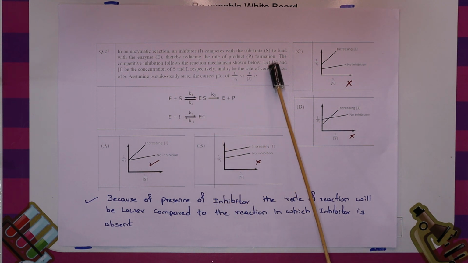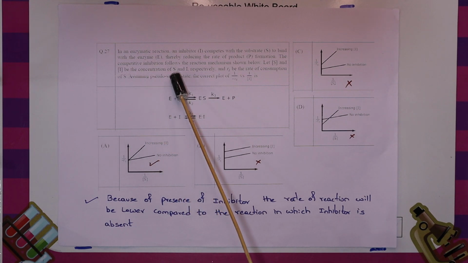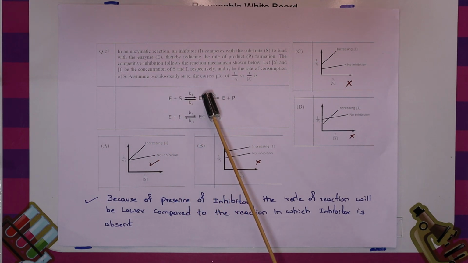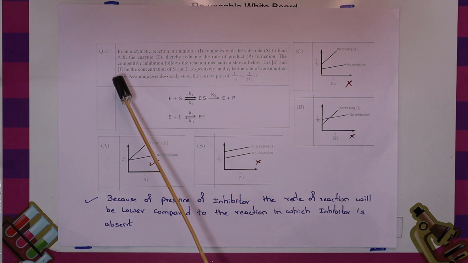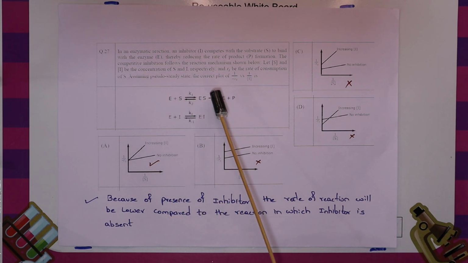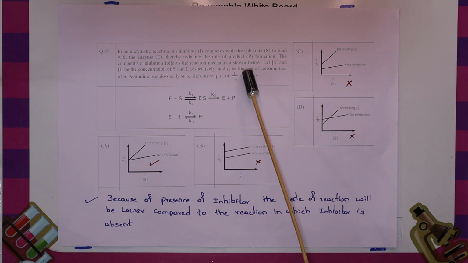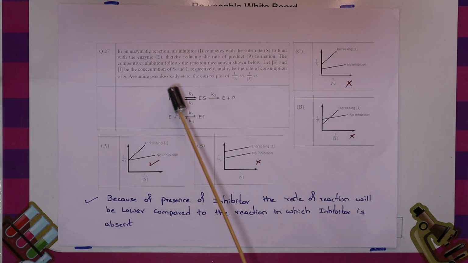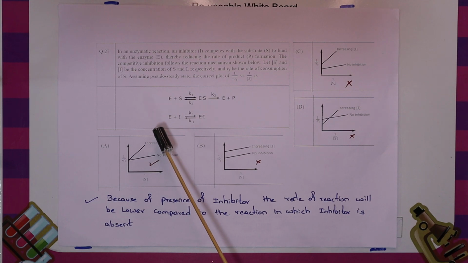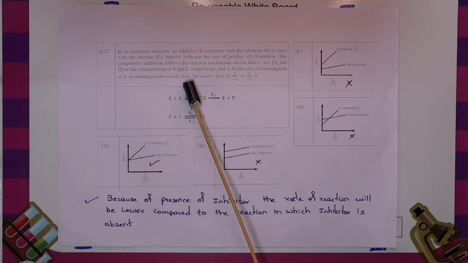Let S and I be the concentrations of substrate and inhibitor respectively, and Rs be the rate of consumption of substrate. Because substrate is getting consumed, product is getting formed. Rs represents how fast the substrate is getting consumed in the reaction. Assume the pseudo steady state.